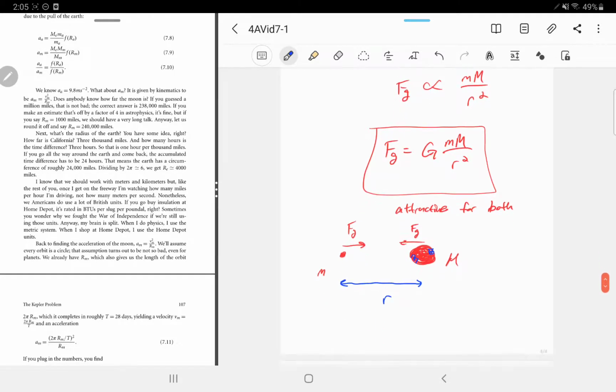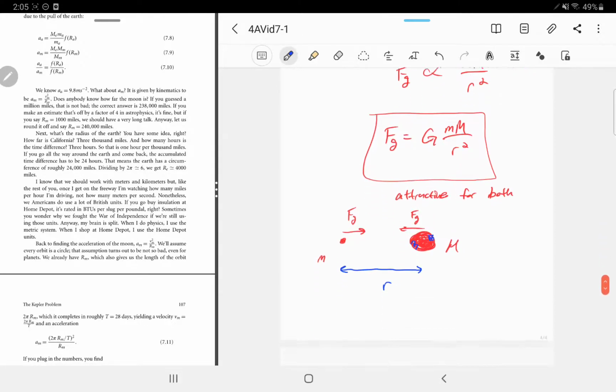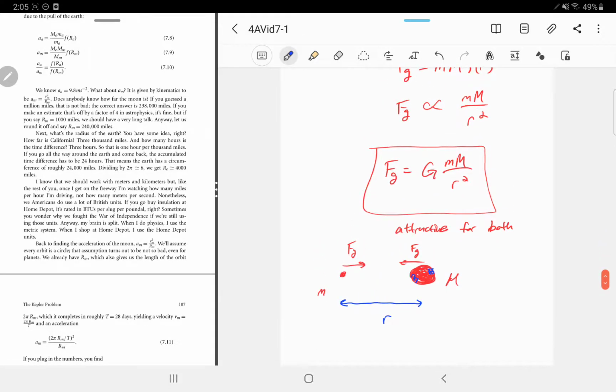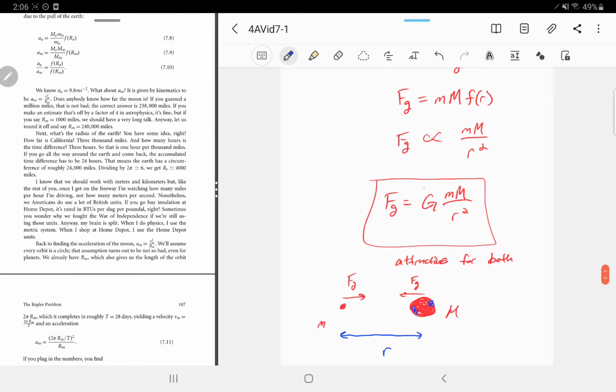This constant, capital G, is called the gravitational constant. In SI units, it has a value of 6.67 times 10 to the minus 11.